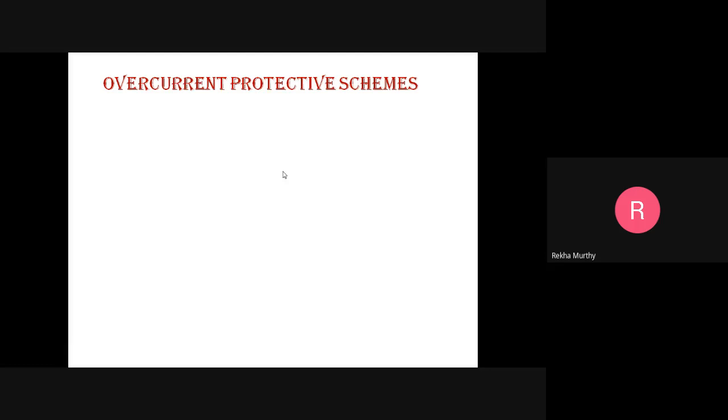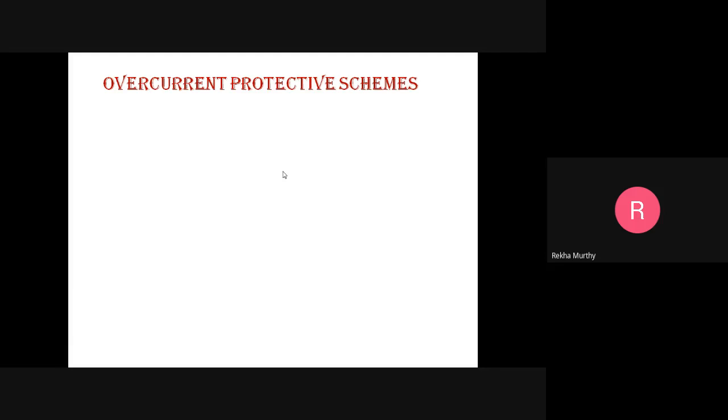Let us assume that there are three sections, called A, B, and C. If the fault occurs beyond C, and make sure that in each section we have provided a circuit breaker, right? First the relay has to sense the fault and give a command to the circuit breaker, right?